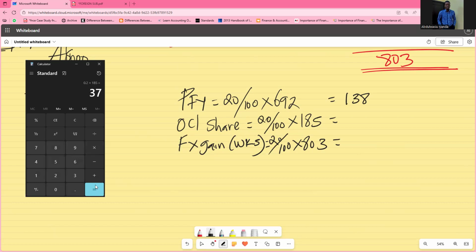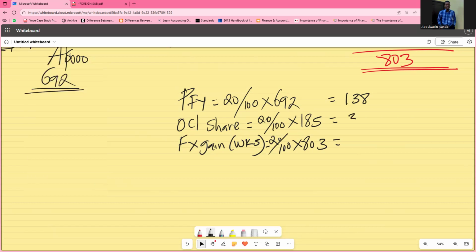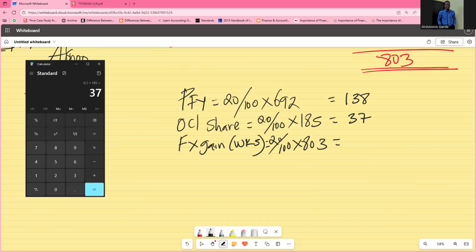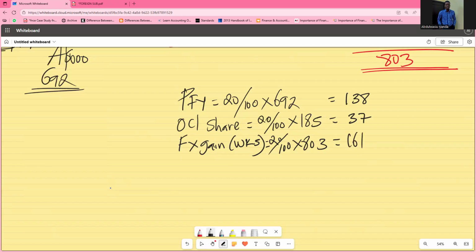Then that's 37. Then you also have 0.2 multiplied by 803. That is 161. So if we add everything together now, what do we have?